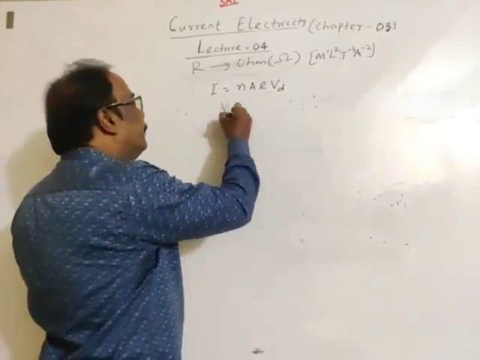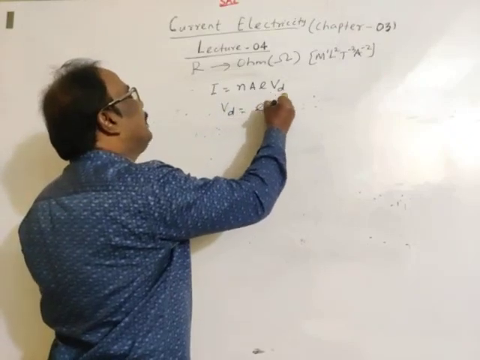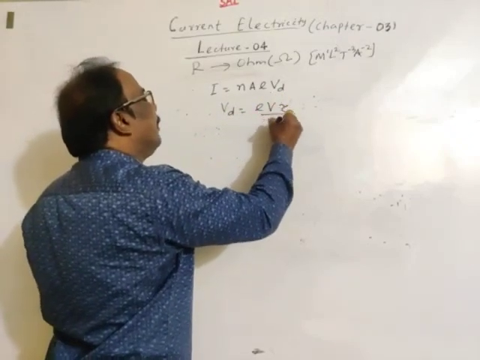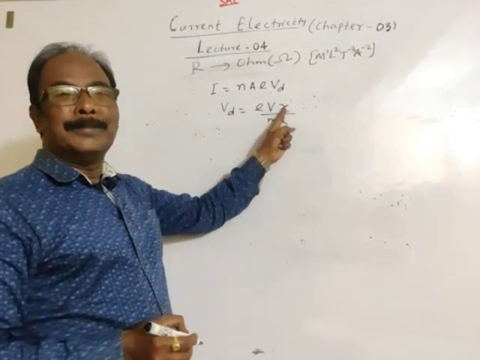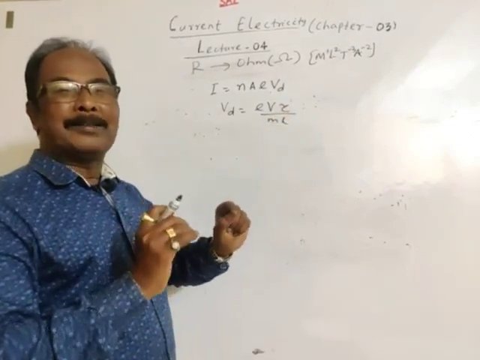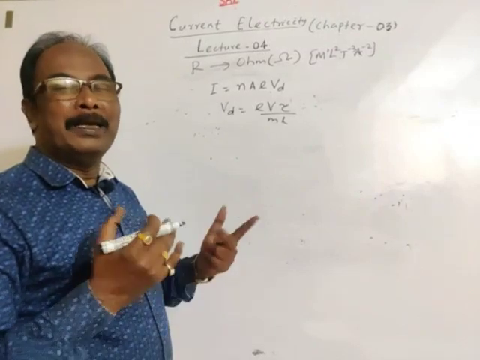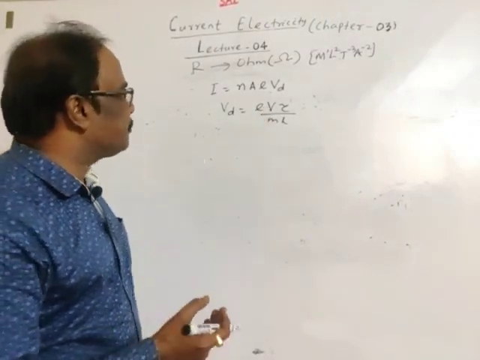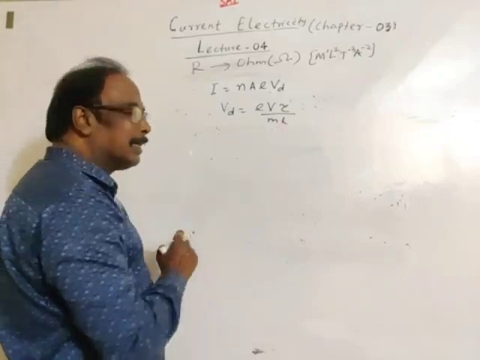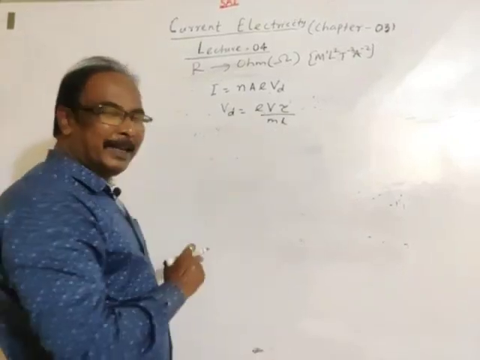We know drift velocity is equal to eVτ by ml. Tau is the average relaxation time, V is potential difference, l is the length of the conductor, and m is the mass of the electron.